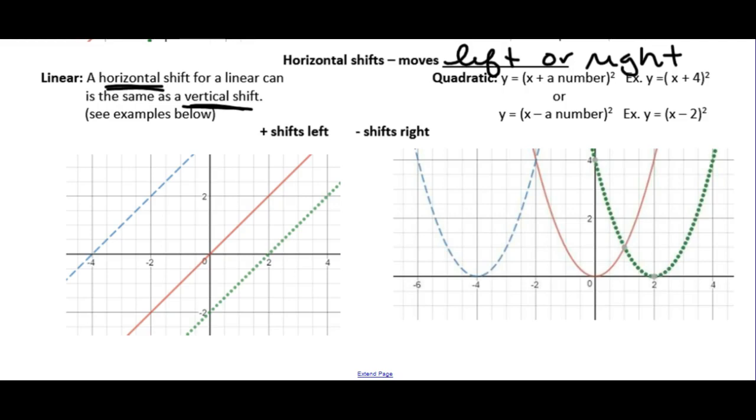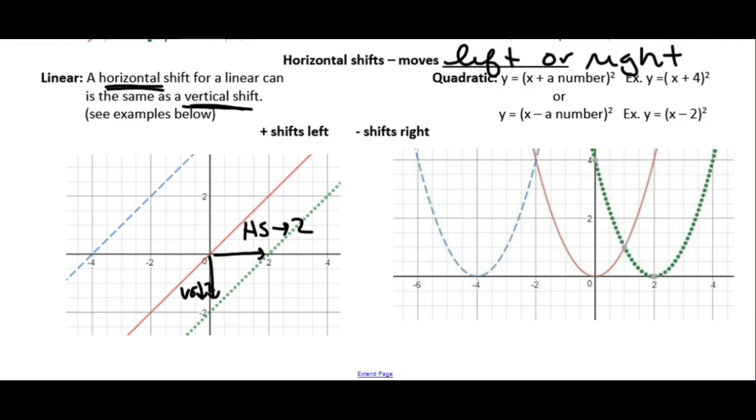What does that mean? If I'm looking at my parent function, which is the red one, and comparing it to this green one, I can see that it vertically shifted down 2. That's really what I would call it. But you can see that it may also be considered a horizontal shift right 2. We tend to just go with the vertical shift because it describes it well enough.